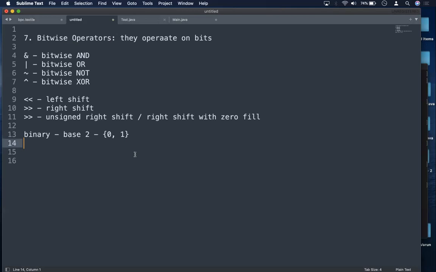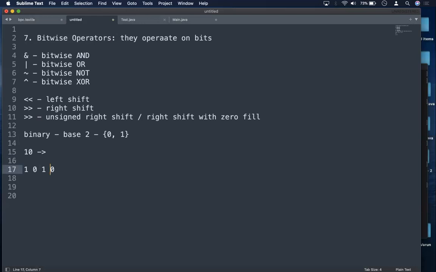Okay, so how to represent 10 in binary? Let's understand. So 10 is represented as 1010. So how is it so? Let me tell you a simple way to understand how the binary numbers come up. Okay, so 10 is in between 8 and 16.